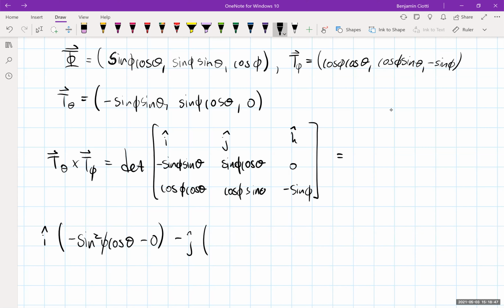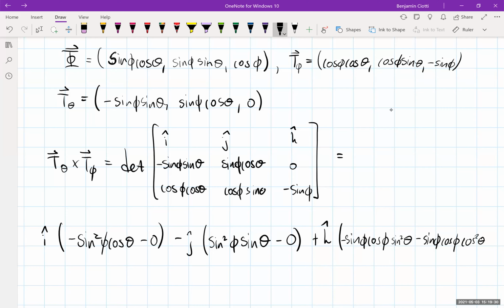J hat times sine squared theta, J hat sine squared theta, minus sine theta cos theta times cos squared theta.